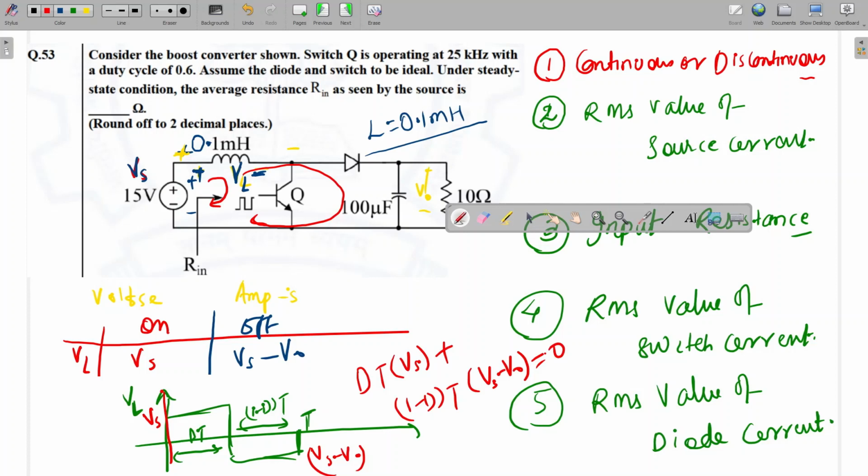This is the volt-second balance. If you apply this, you get the output voltage Vo equal to Vs by (1 minus d). Is it clear to all? Or should I explain again?